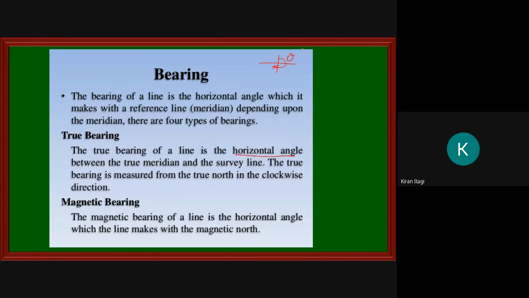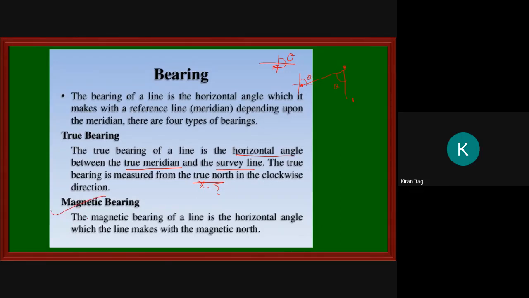We are measuring the angle; this is station A, station B, station C. We are measuring the angles between the true meridian and the survey line. True bearing is measured from the true north. Remember it, very important, in the clockwise direction.